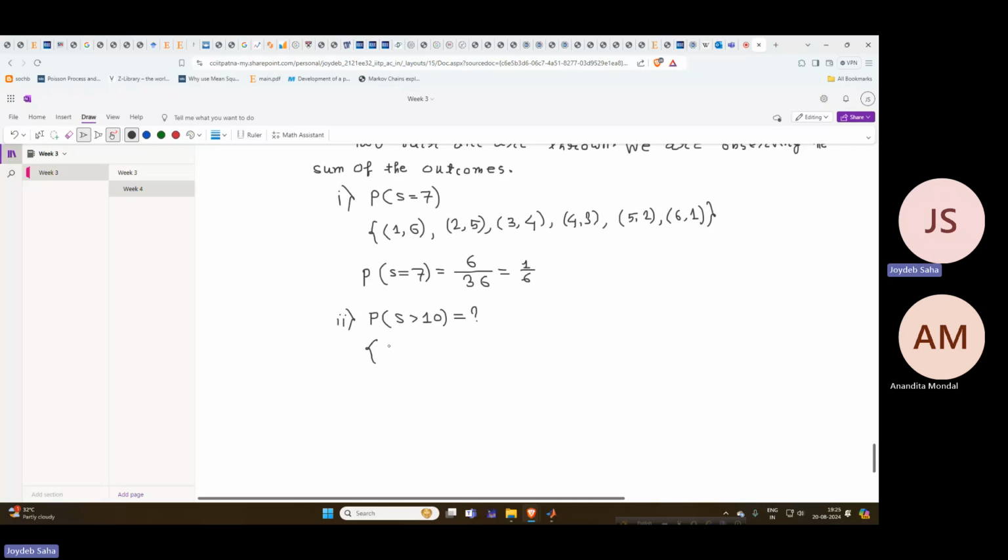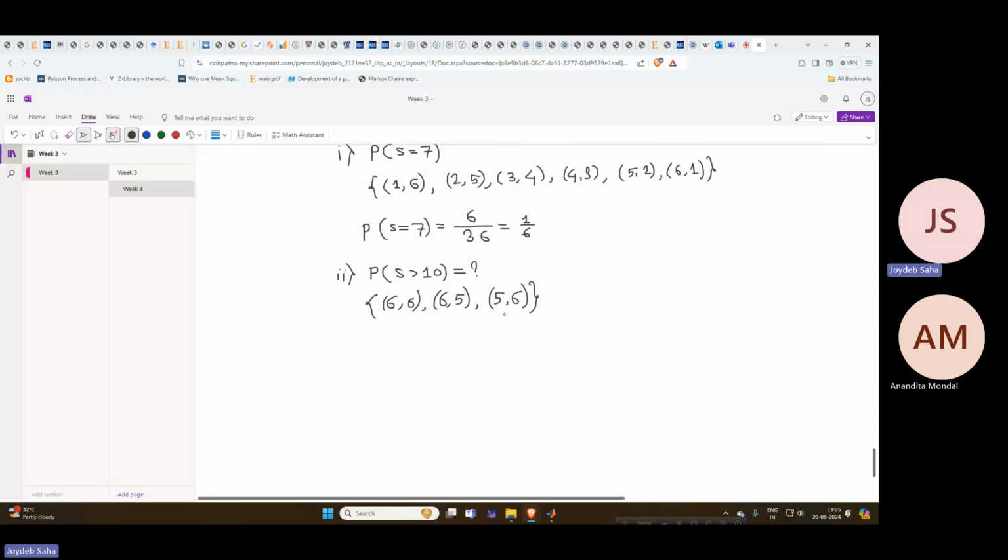What does greater than 10 mean? It can be 6, 6. It can be 6, 5, and it can be 5, 6. So there are 3 expected events.